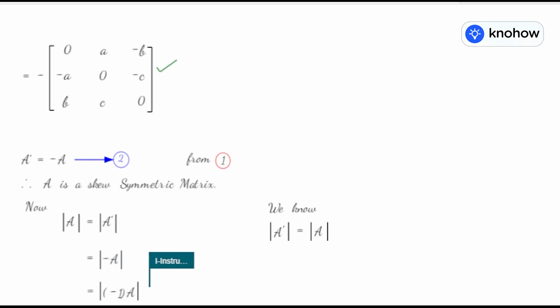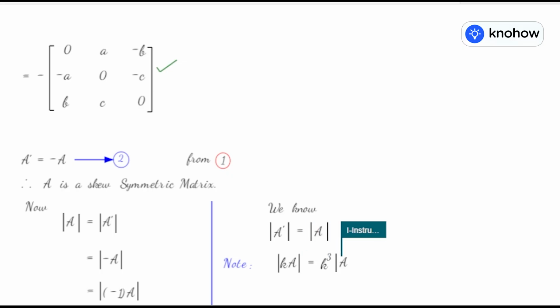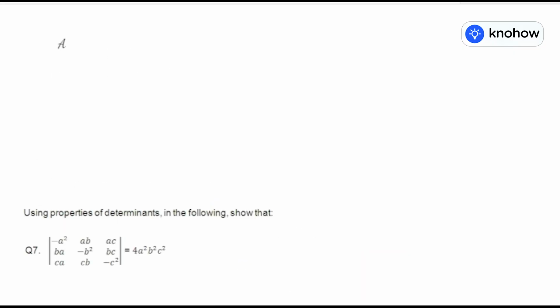Do you know a result? In the previous question we proved this result. Please make note that the determinant of K times a matrix A is K cube times determinant A, of course when A is a matrix of third order. So using this, you had determinant A equal to minus 1 times matrix A, and this is a matrix of third order.